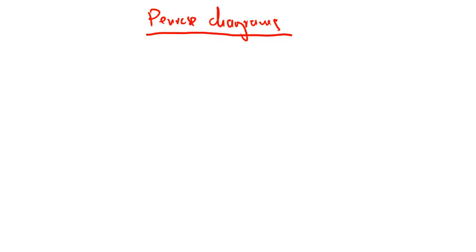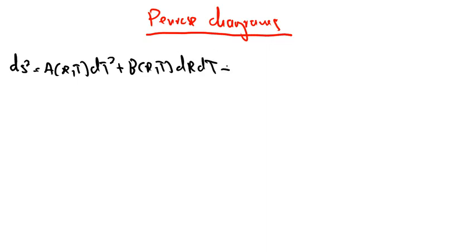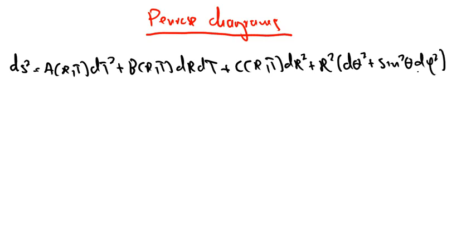Well, in 4 dimensions, the metric of a spherically symmetric spacetime can be written in the following form, where here we have chosen a coordinate system adapted to the spherical symmetry.